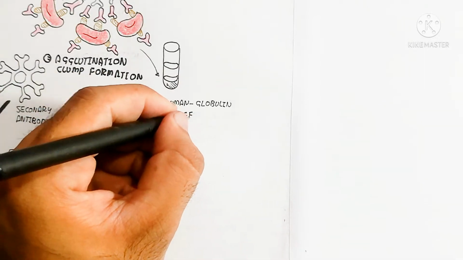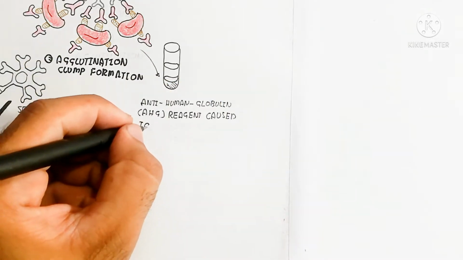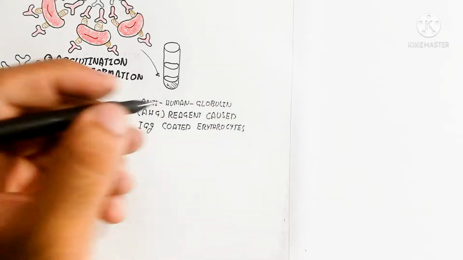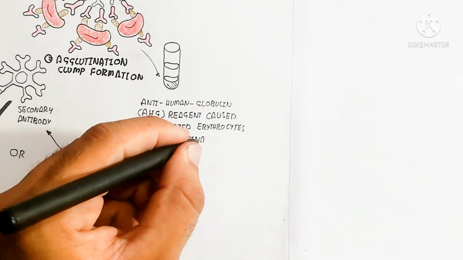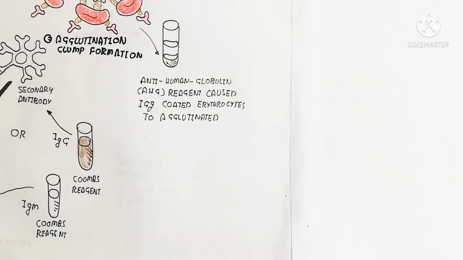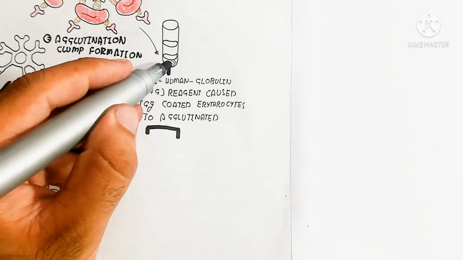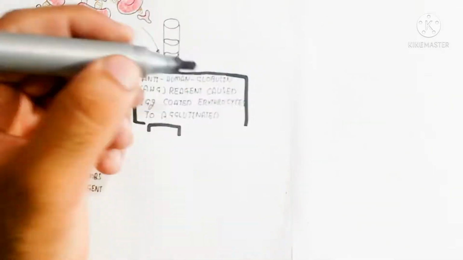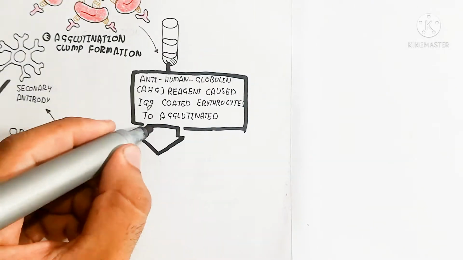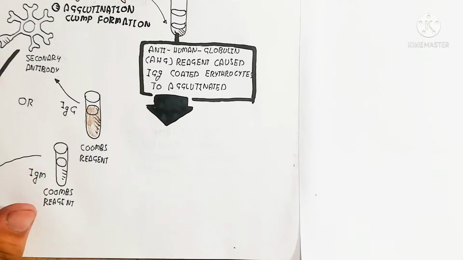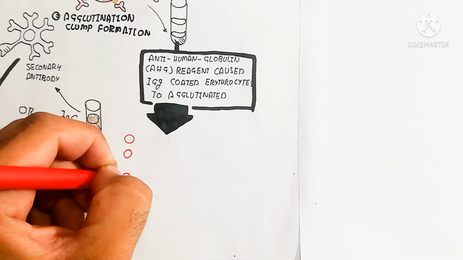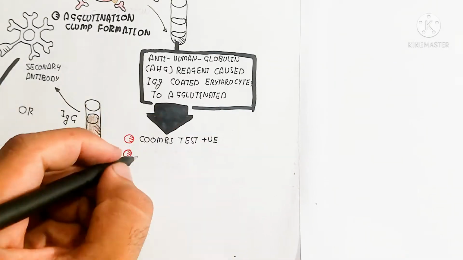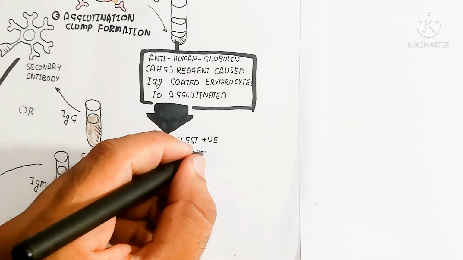So here we will discuss the anti-human globin, which is the AHG reagent, that causes IgG coated erythrocytes to agglutinate. So that means the agglutination will occur due to the IgG, but the IgM is another way, which gives less agglutination. But again we will add the IgG Coombs reagent, which gives more prominent clotting.